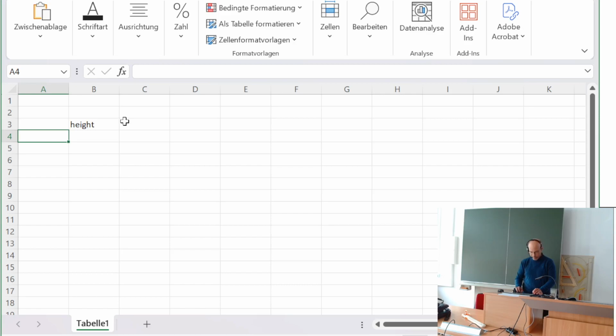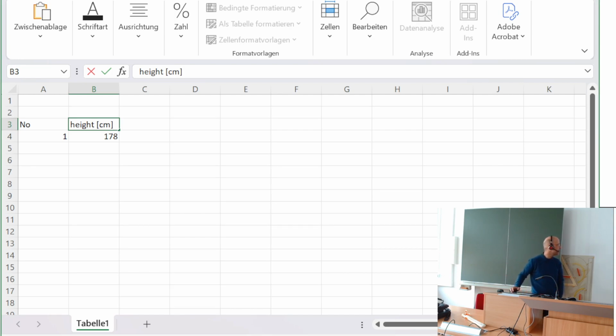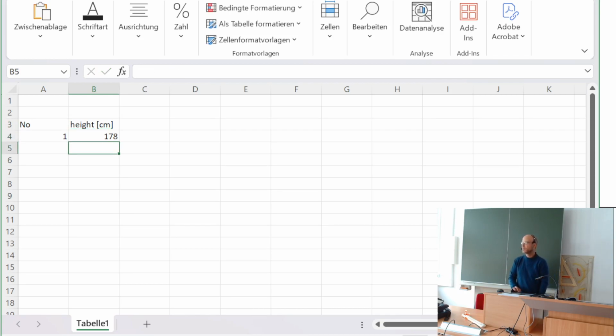If I'm number 1, then I'm 178 centimeters. So maybe I can ask you, what is your height? You can just type it in the chat, or if you want, you can tell me directly.